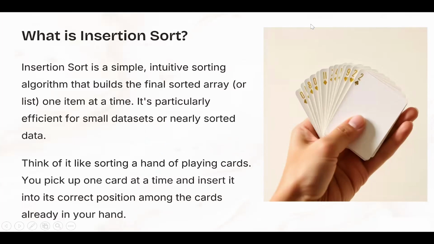Insertion sort is a simple, intuitive sorting algorithm that builds a final sorted array one item at a time. It is particularly efficient for small data sets or nearly sorted data. Think of it like sorting a hand of playing cards. Many of you would have played this.